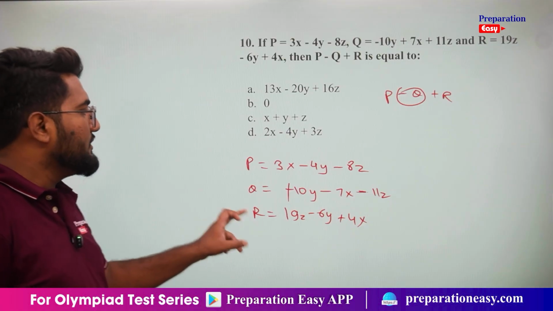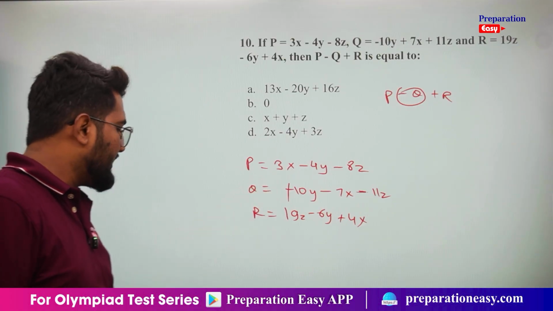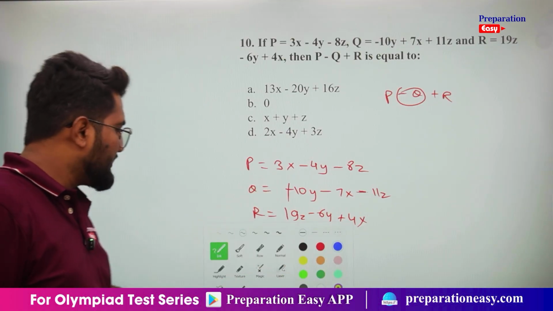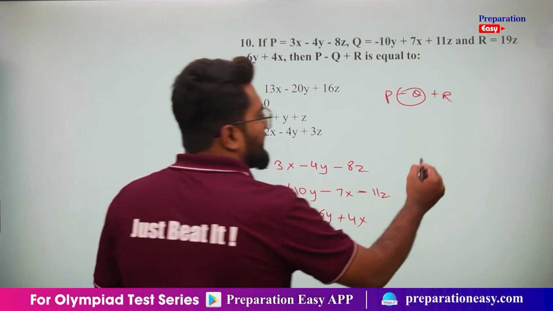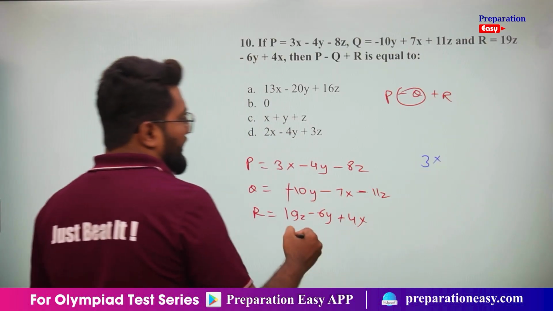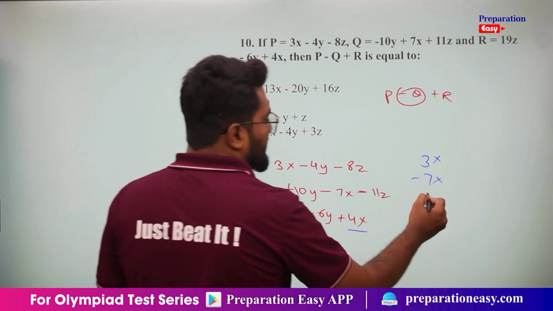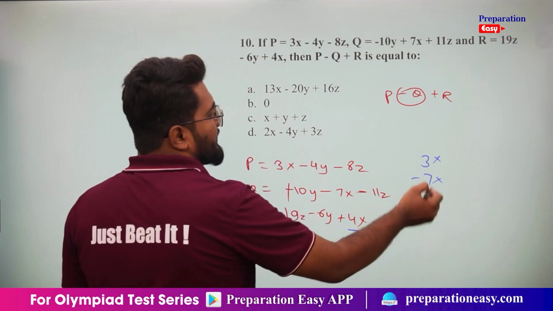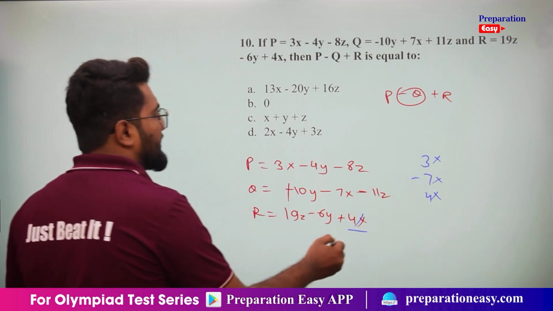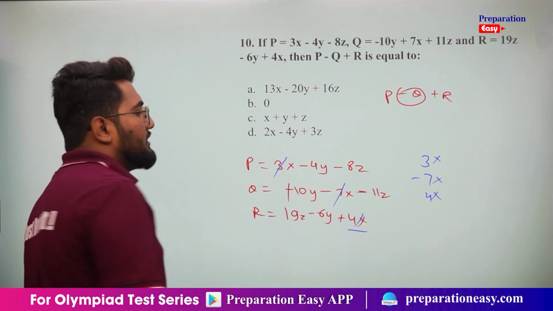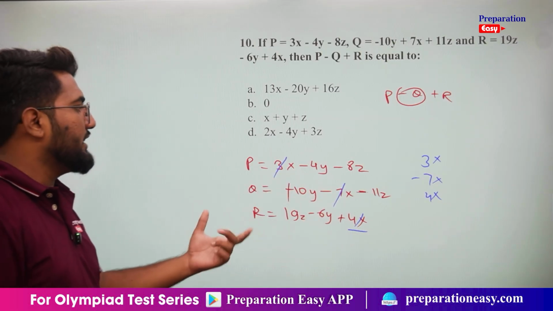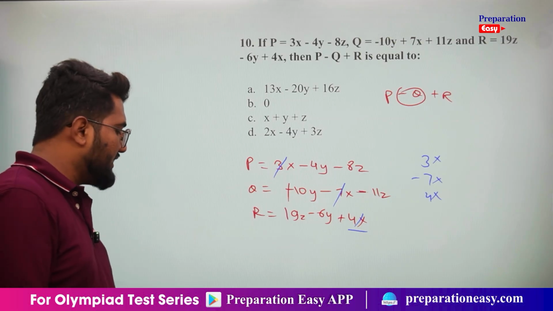Now just look at the values of x. What is the first value? 3x, second minus 7x, and third 4x. So 3 plus 4 is 7, and plus 7 minus 7 gets cancelled, so x cancels directly. Then what are the next values?